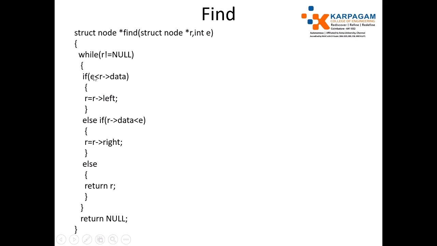We check whether the element to be searched is less than the root node data. Less than means move left, r equal to r of left. If the element to be searched is greater than r of data, move right side by using r equal to r of right.